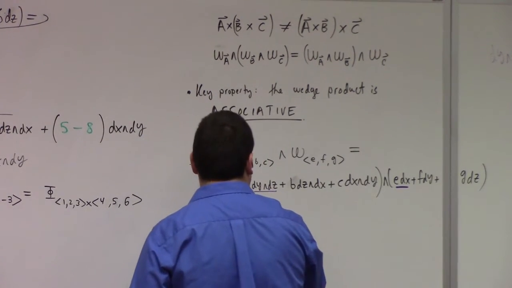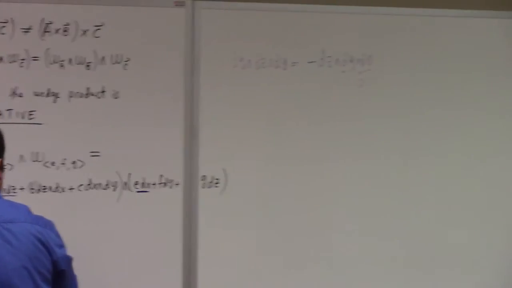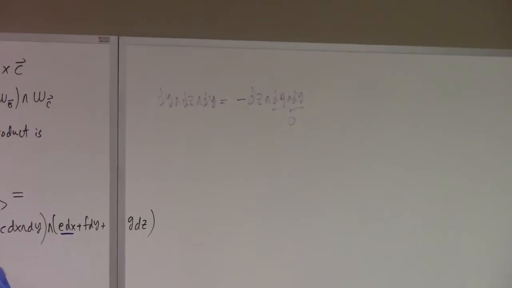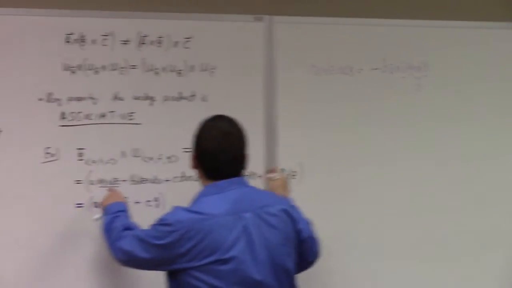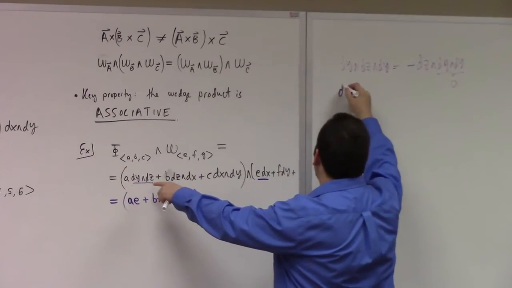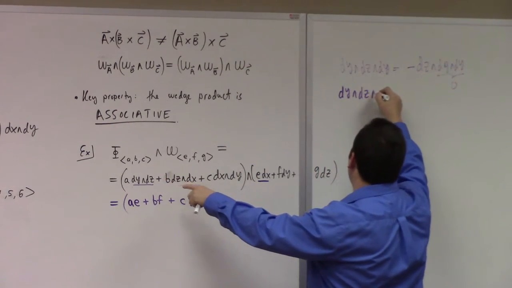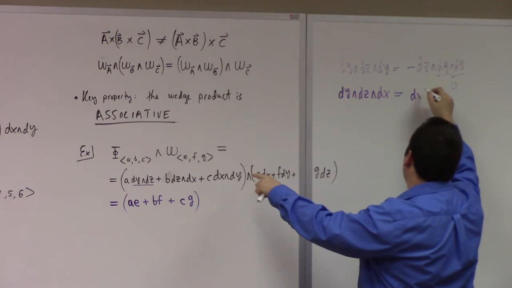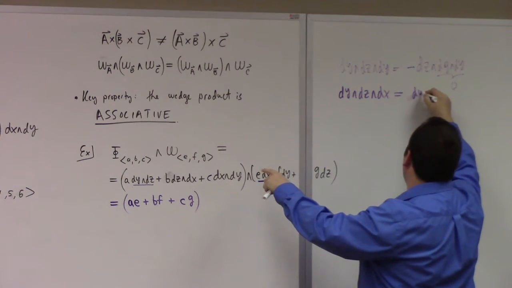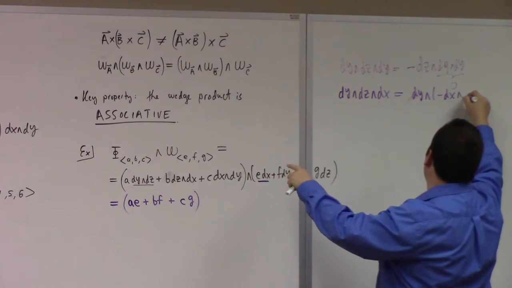And I can rewrite this as AE plus BF plus CG. And check it out. So like I have dy wedge dz wedge dx, right? But that's the same as dx. Well, that's the same thing as dy wedge minus dx wedge dz, right?